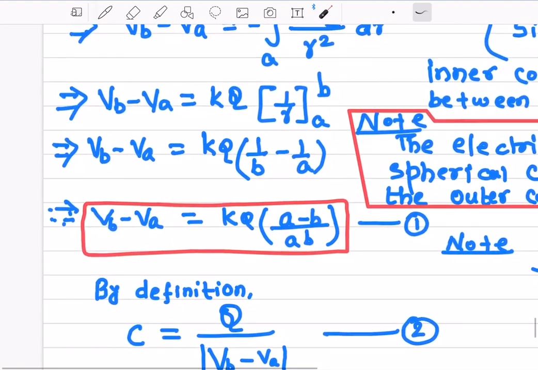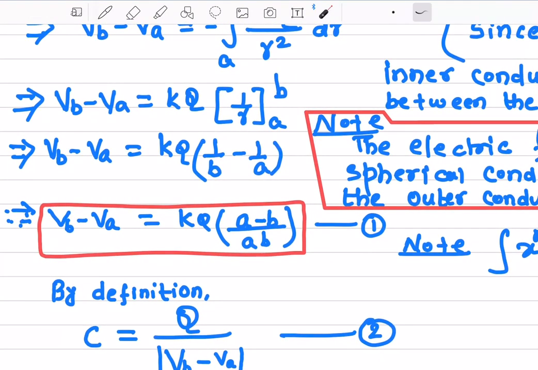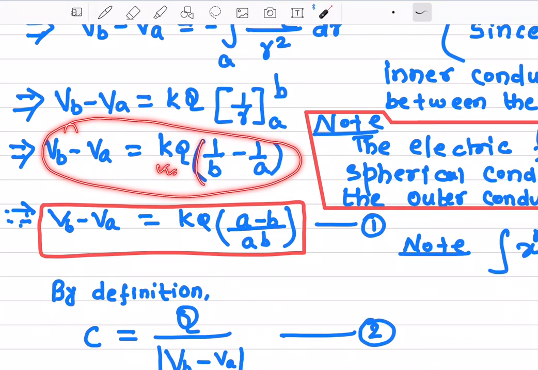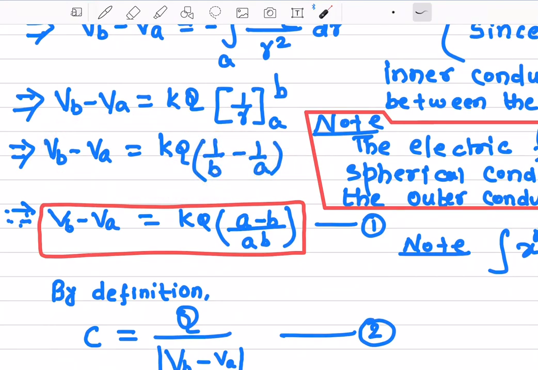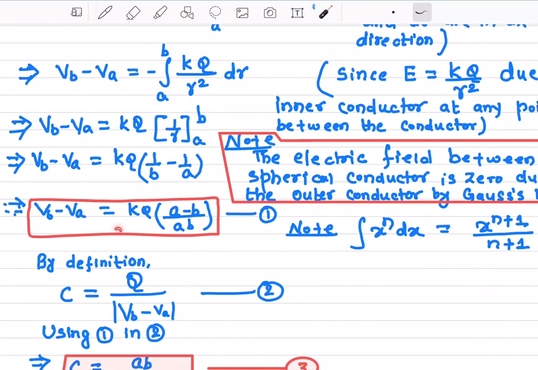So the final relation is VB minus VA, the potential difference, is equal to kq times (1 over a minus 1 over b), or if I further simplify this, then this is what I get: kq times (a minus b) divided by ab. So this is the potential difference between the two spherical conductors.